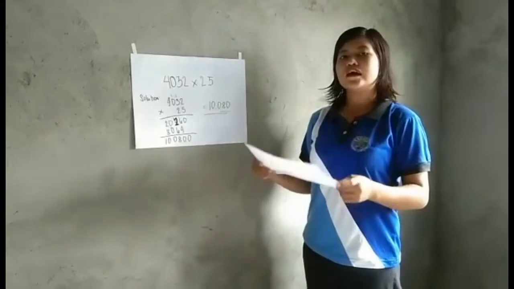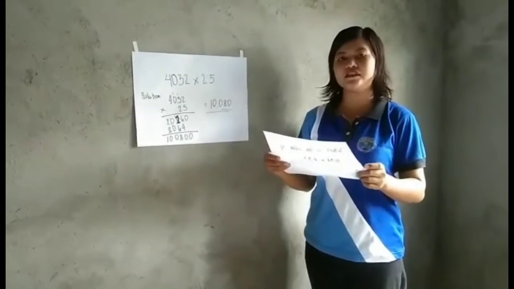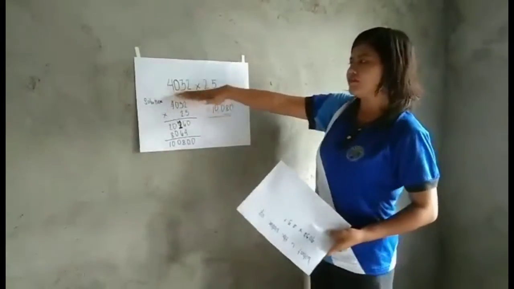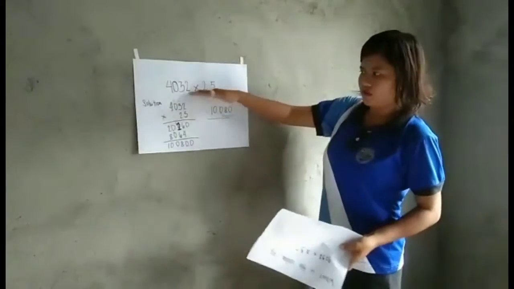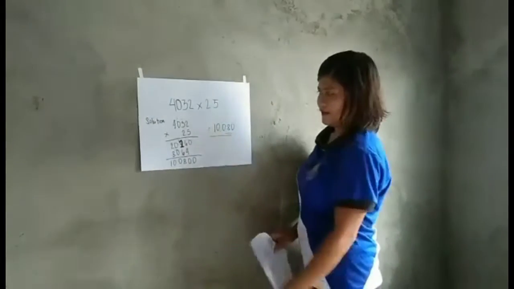Now, let's move on to the last problem. What is the value of 4,032 times 2.5? Yan, ito siya. Ito yung given natin. Paano natin siya isusolve? Yan. 4,032 times 2.5. Ayan.